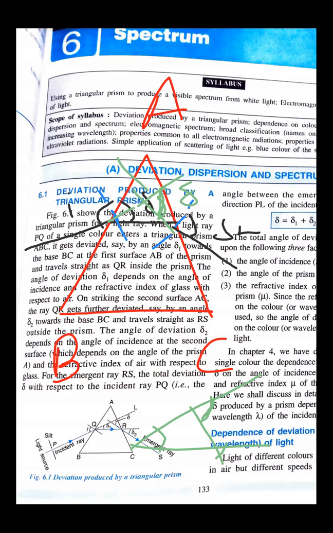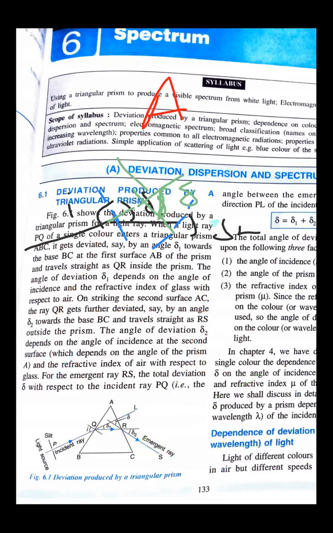Okay, we'll continue forward. On striking the second surface AC, the ray QR gets further deviated, say by an angle delta 2 towards the base BC, and travels straight as RS outside the prism.